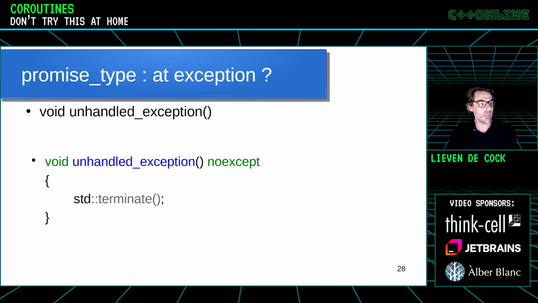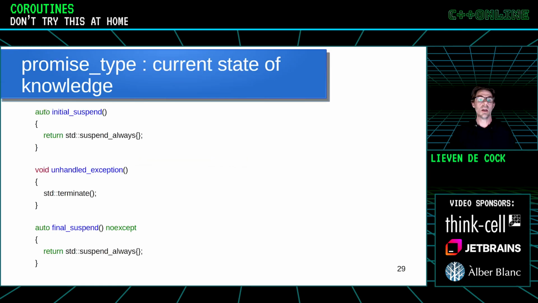For that purpose, we need to implement the unhandled_exception method in the promise type. At this moment, let's not do something special. We expect our coroutine to never throw, and if it happens, well, the shit has hit the fan. Let's just terminate.